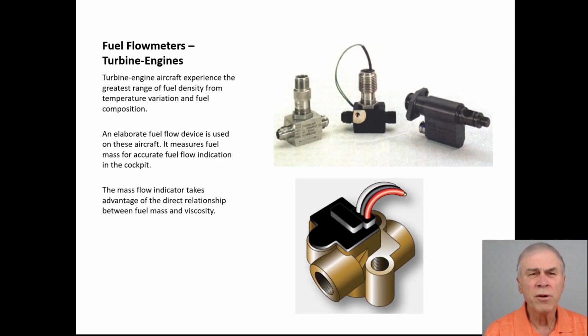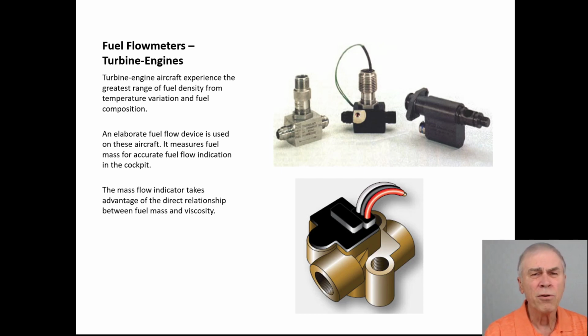The fuel flow meters for turbine engines, since that type of fuel has the largest density, the temperature variation in fuel composition does change apparently a little bit more than with regular aviation gasoline.